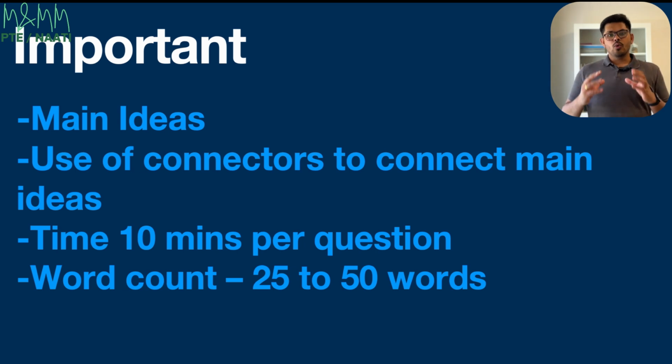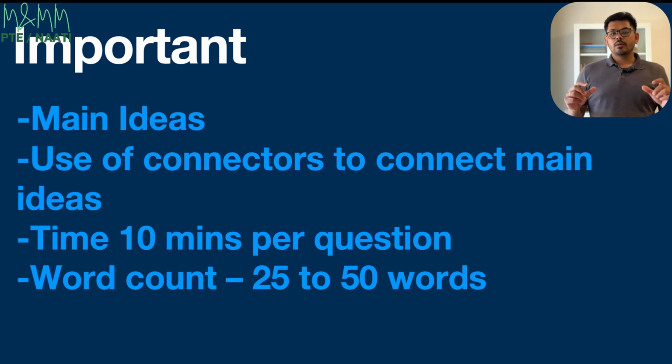So when you know exactly what to avoid, it becomes easy to search for your main ideas from the question given to you. Let's say from the question you've selected three main ideas, you need to connect them and put them together as a summary of one paragraph, which is why you need some connectors so that it becomes easy to connect your main ideas.